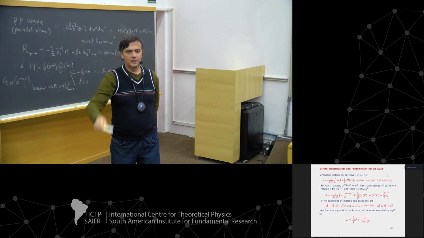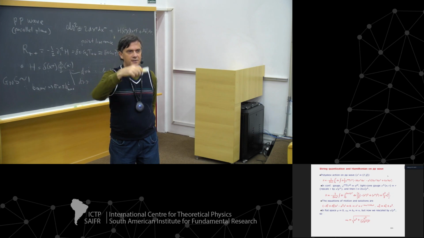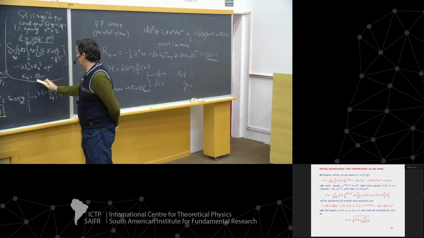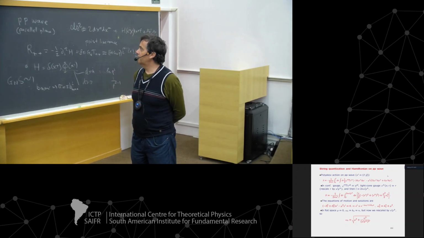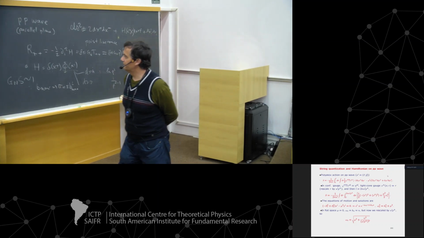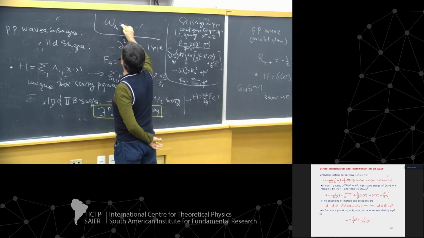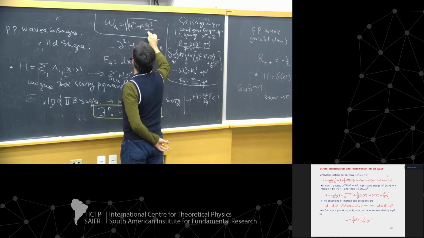So because of that, the momentum modes on the circle of length 2 pi alpha prime p plus are n divided by 2 pi, n divided by alpha prime p plus. So the final formula for the excitations of the string is omega n is the square root of the mass term plus n squared over alpha prime p plus squared.